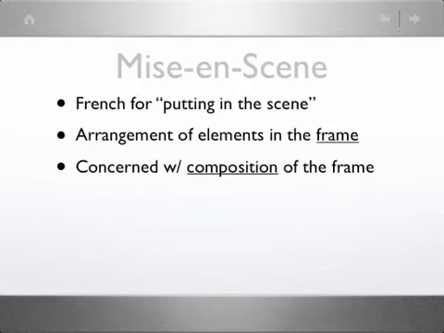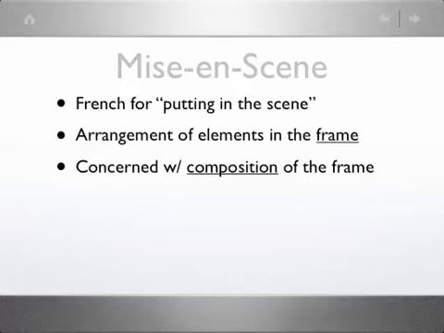Mise en scène is also concerned with the composition of those elements in the frame. How are the elements that we can see within the frame composed? What are the graphic elements? What are the relationships amongst the different graphic elements, such as lines and shapes and different sorts of things in that respect?